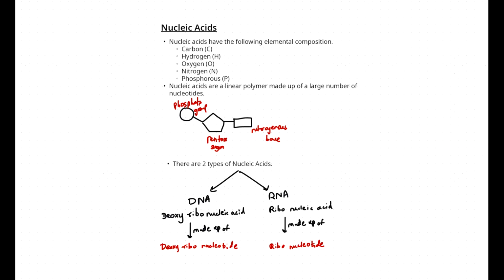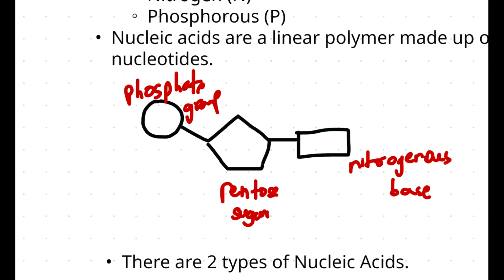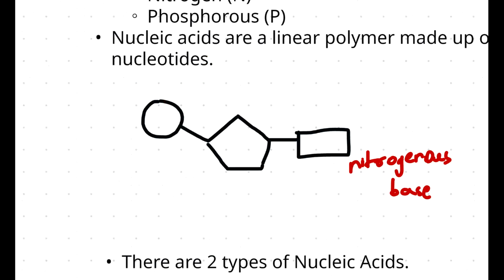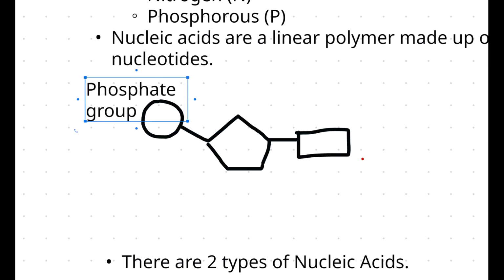Rasya, can you see now? No, teacher, I cannot see the letters. I think my handwriting is not that clear. One second. This is called the phosphate group. And then this pentagon shaped thing is called pentose sugar.